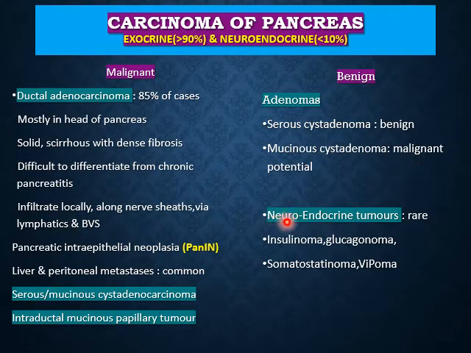There are also the neuroendocrine tumors which arise from the neuroendocrine cells, which are very rare, much less than 10%, and some of them include the insulinoma, glucagonoma, somatostatinoma, and VIPoma.